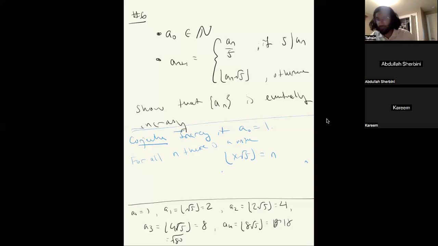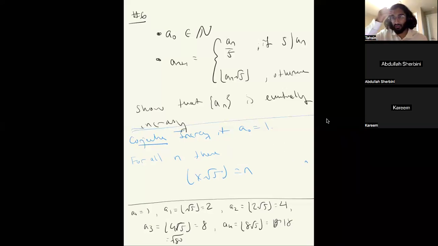You're saying for all n there's a unique x such that, maybe I'm not understanding the statement. Is this what you said? Not for all n, but for all n that are achievable by this.